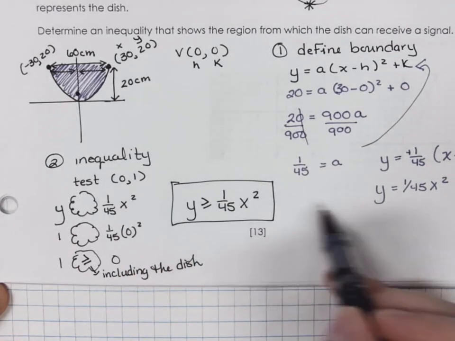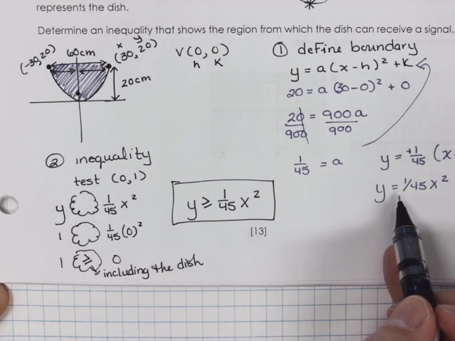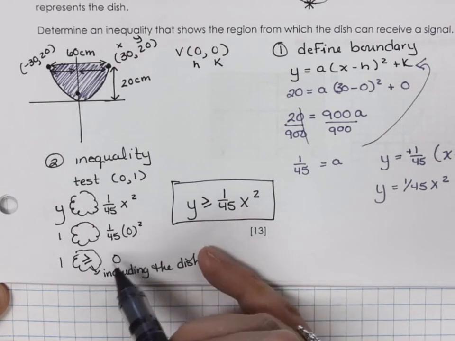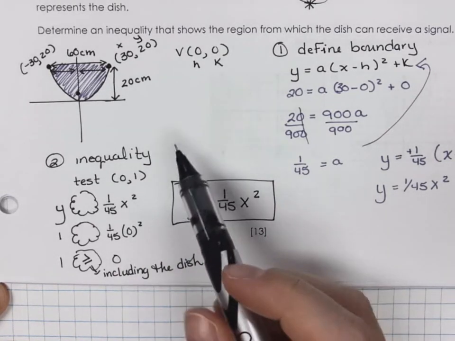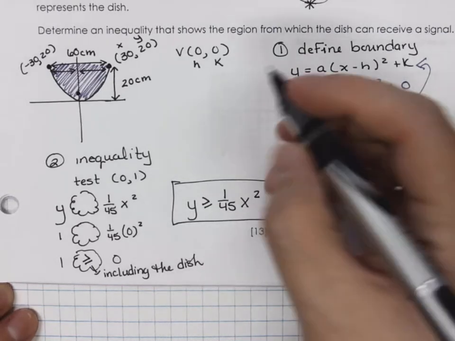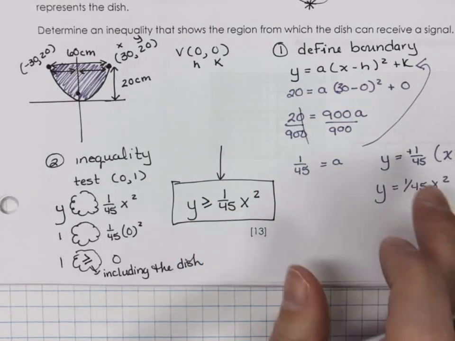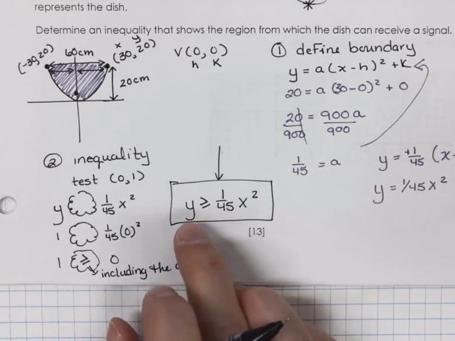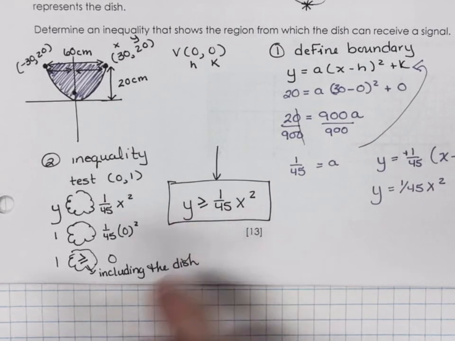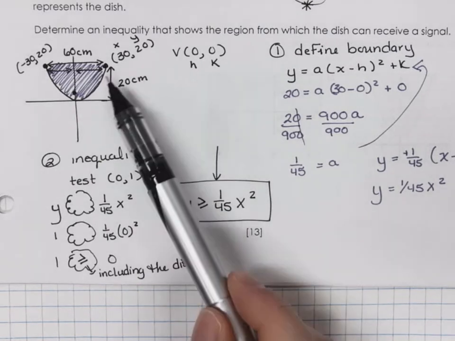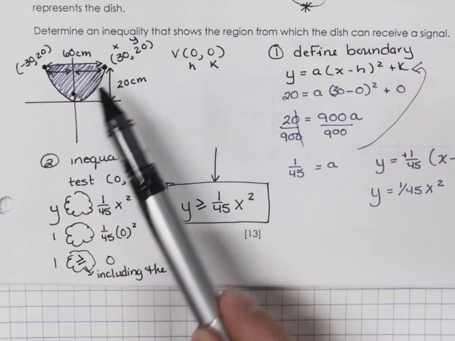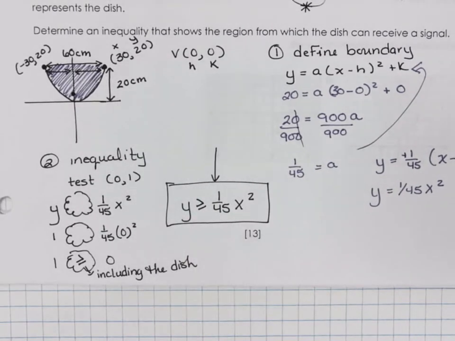We took the equation that we found for the boundary, and then we applied the inequality that we found based on the test point. This is the solution, not just the boundary, not the equals to. This is what we're looking for, because it doesn't just include the satellite dish, it includes all this area here as well. Oh, so exciting.